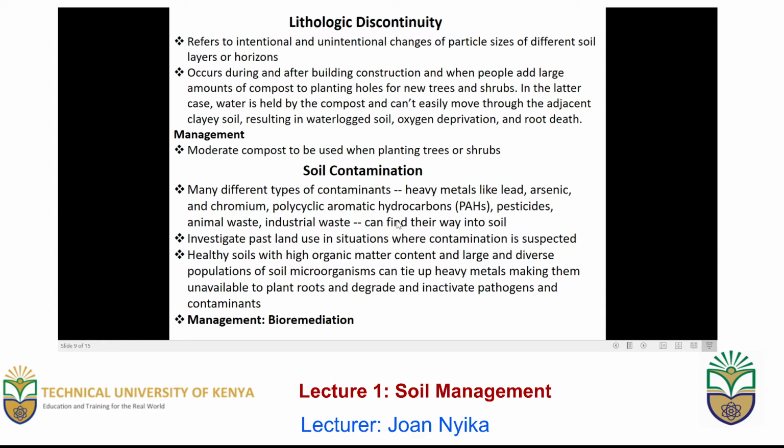They alter the physical and chemical characteristics of soil, what we refer to as the cation exchange capacity and the pH. In such a scenario, we must investigate or test the soil to ensure whether it is contaminated or otherwise.